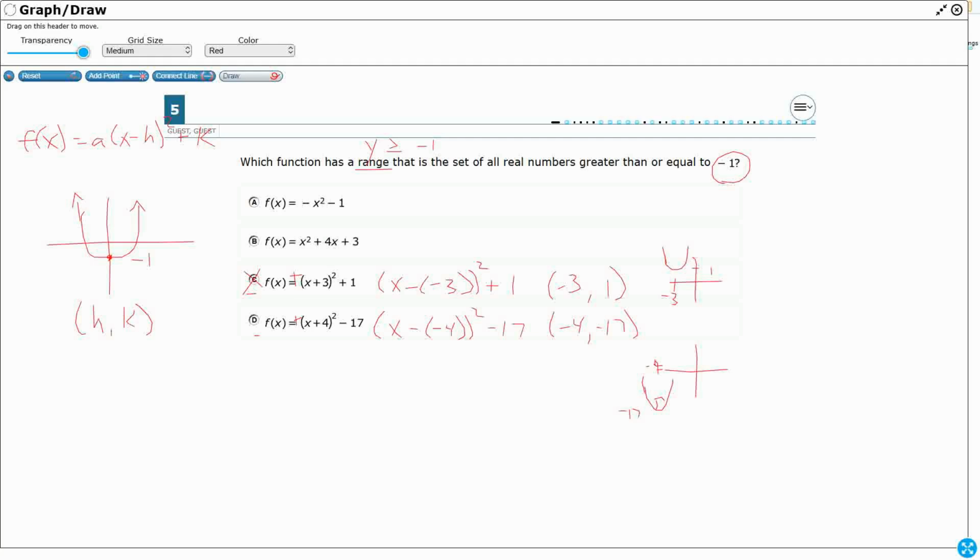So if we look at A, it actually is in vertex form. It just doesn't have a b value, right? So if we think of ax squared plus bx plus c, what we have is -x squared. So my a is -1, my b is 0, and then my c is that -1 right there.